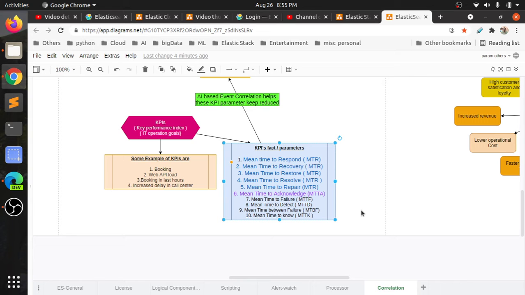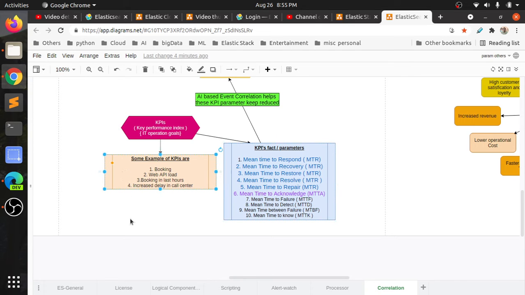Accordingly, if the mean time to acknowledge or mean time to resolve, MTTR, is high, then we will check whether those problems are highly correlated.